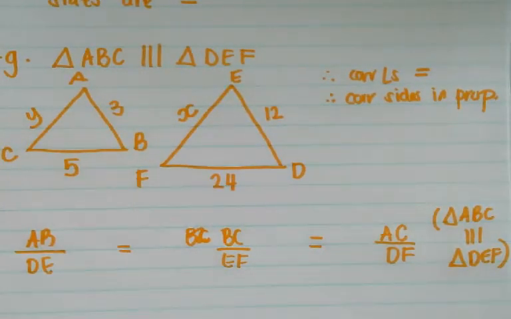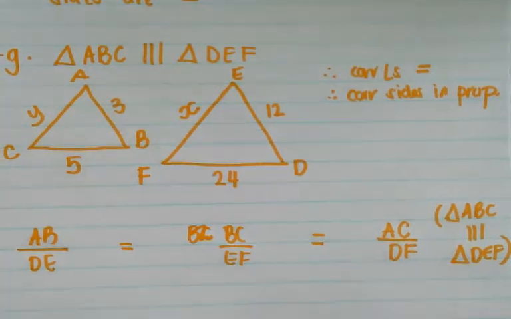So what I want you to do now is substitute. Find the number for AB, DE, BC, EF, AC, and DF. Just substitute those values for me.